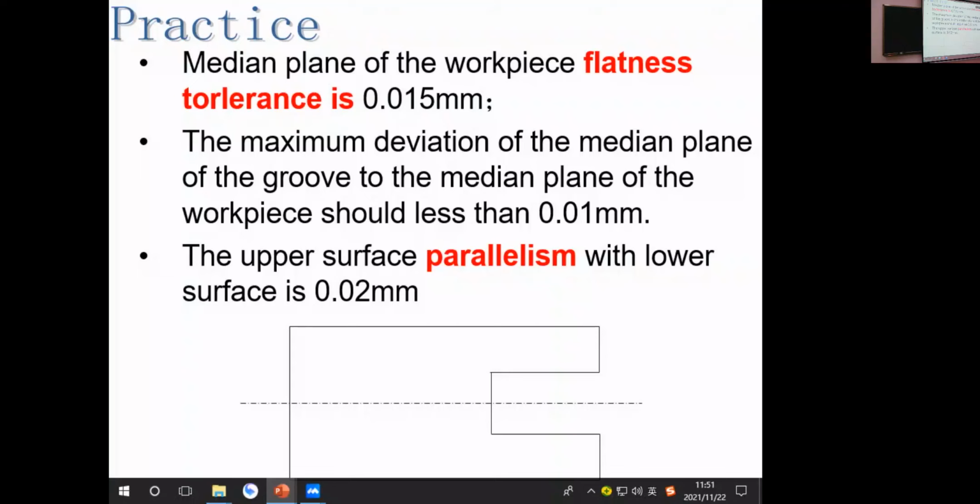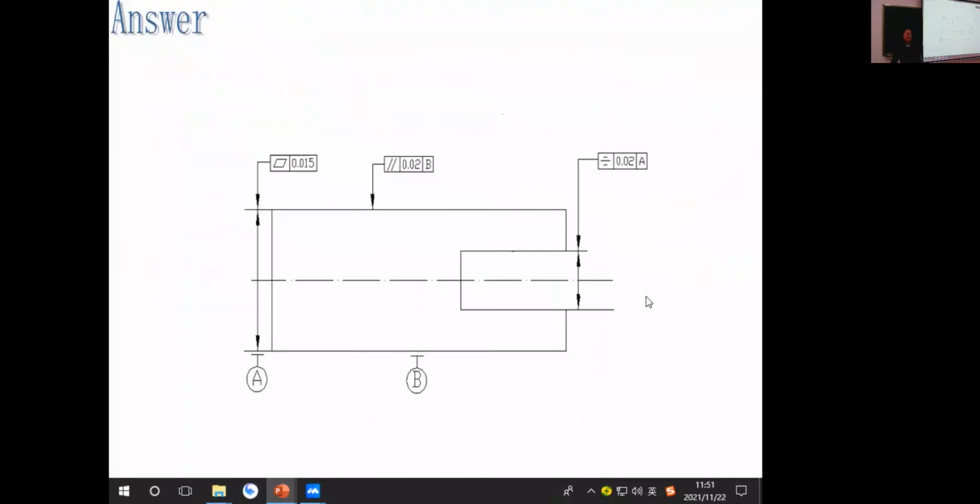To find the symmetry, this one is nine. What's the area? Which one? This one is the one. The median plane, the median. So like this is because it's the feature, right?